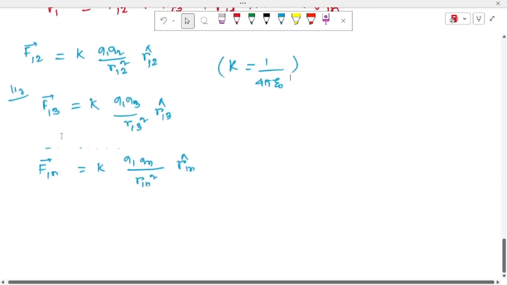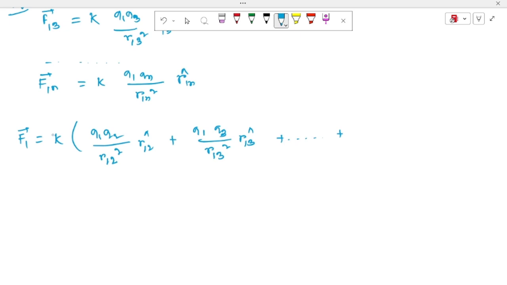So force F1 vector is equal to constant K, which is 1 by 4 pi epsilon naught, into Q1 Q2 by R12 square R12 cap plus Q1 Q3 by R13 square R13 cap plus dot plus Q1 Qn by R1n square R1n cap.